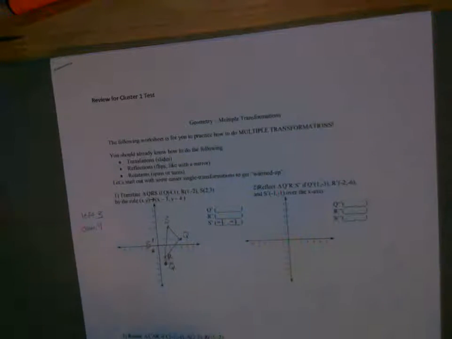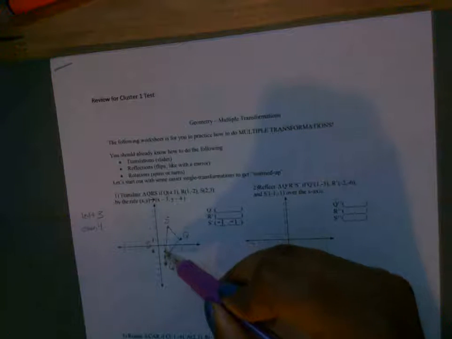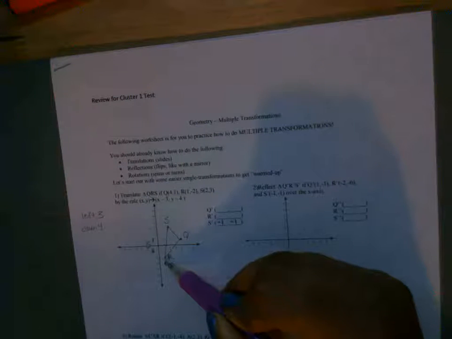Right here. Let me move R out the way. Okay. This is my new location for Q. Sorry, y'all. So Q, I go over to the right 1 and down 1, 2, 3. So this is 1, -3. Q prime.